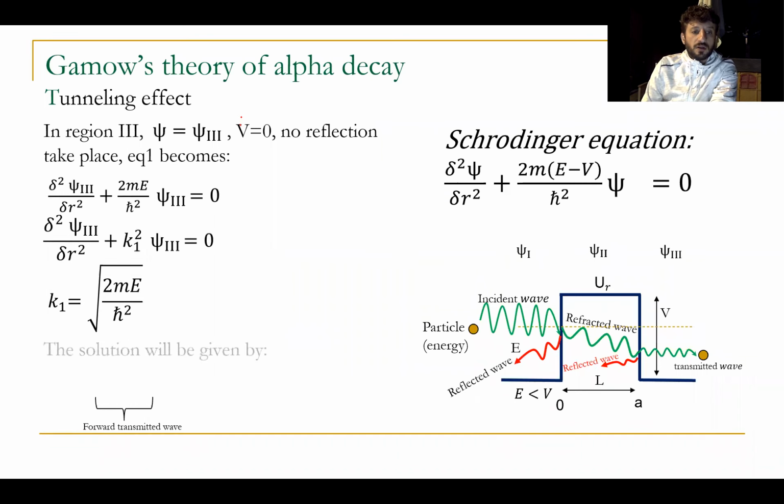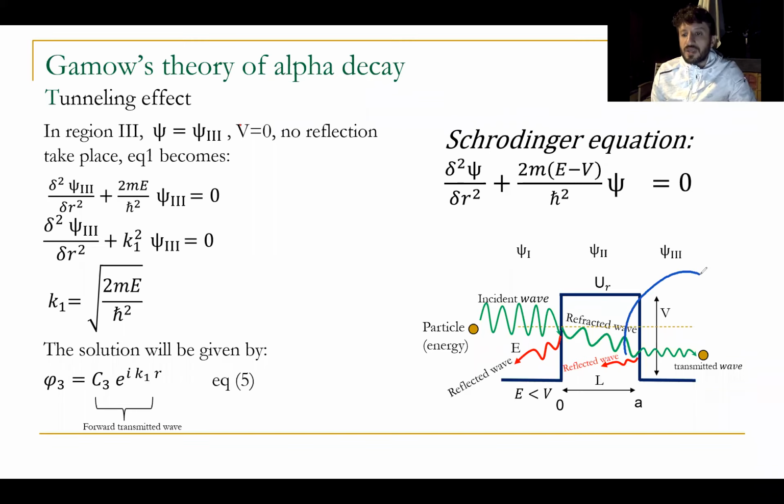We go to the third region. Here we have only a transmitted wave. We don't have a reflected wave. So we also have V equals 0, and phi equals phi 3.